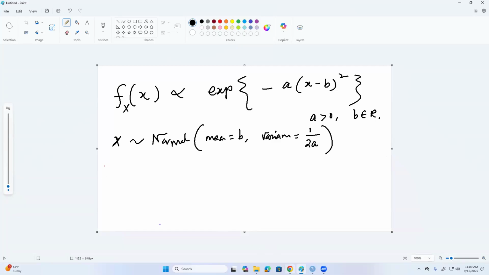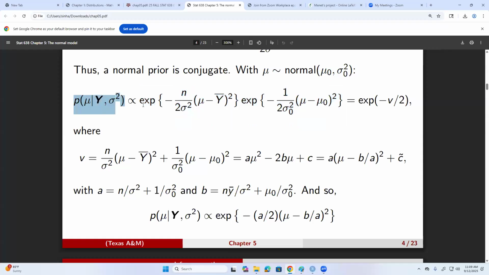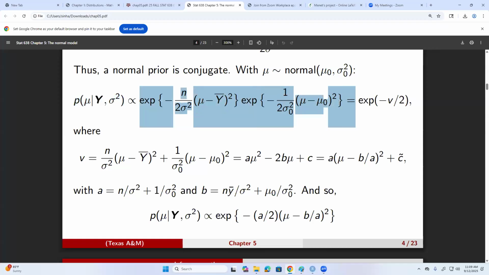Now, look at the slide here. We have this density function. We have written it in this format, proportional to this times this, and our job is to figure out the density function of mu in the form of a normal kernel. So I should be able to write it as e to the power minus a times (mu minus something) square.